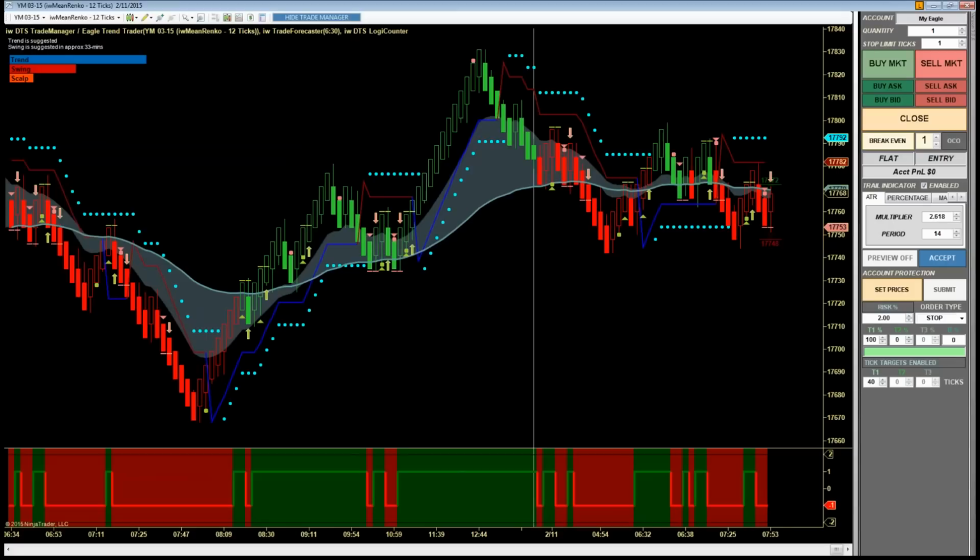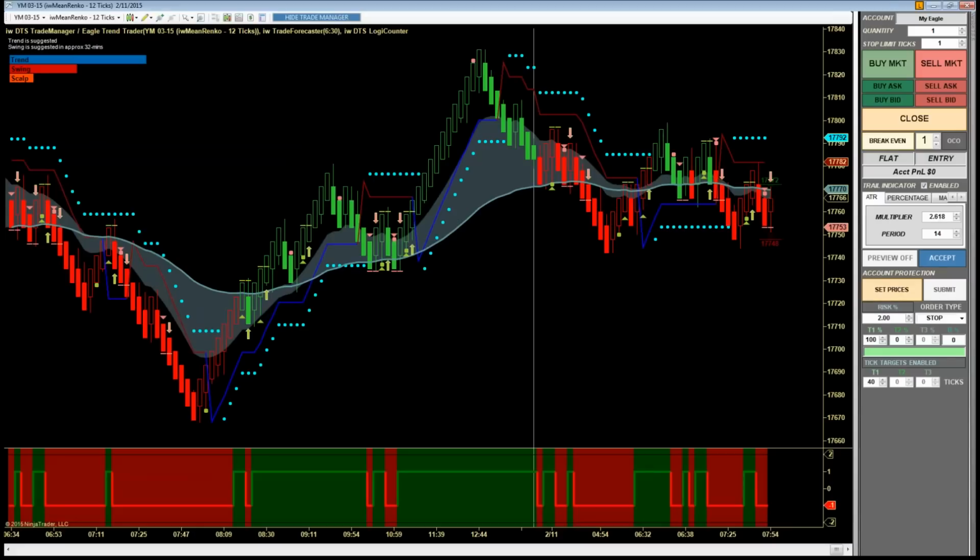Oh, let me talk about the secondary tools, and I know we have the DAX up here, and we'll take a look at the DAX in just a moment. But this tool that you see up here in the top left of my Eagle Trend Trader, this is called the Trade Forecaster. And the Trade Forecaster is an add-on tool. You can use this on any chart. It is not specific to the DTS system.